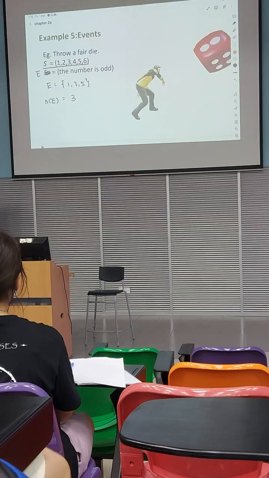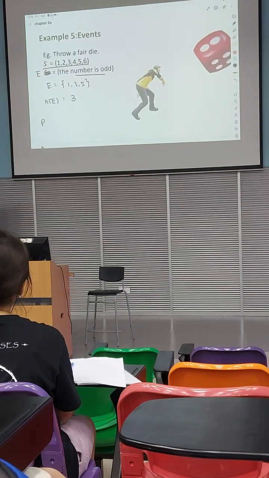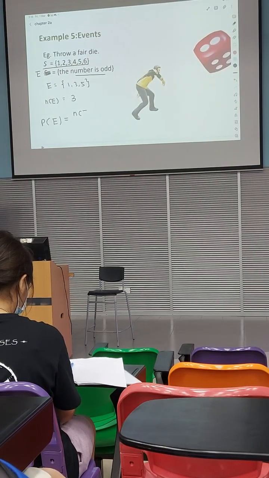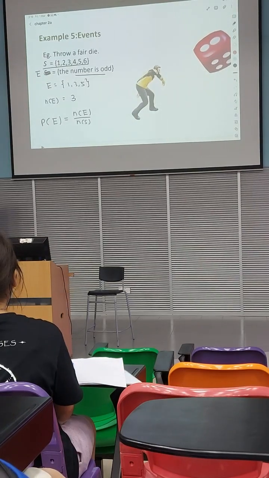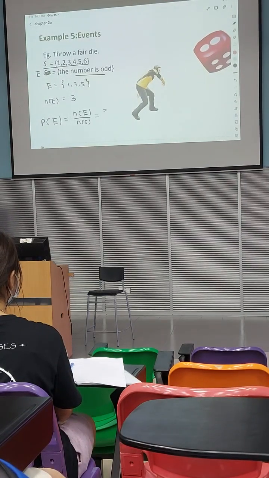So now if I want to calculate the probability to obtain a number which is odd, I can calculate it going back to the equation: number of events divided by the number of sample space, which is 3 divided by 6.